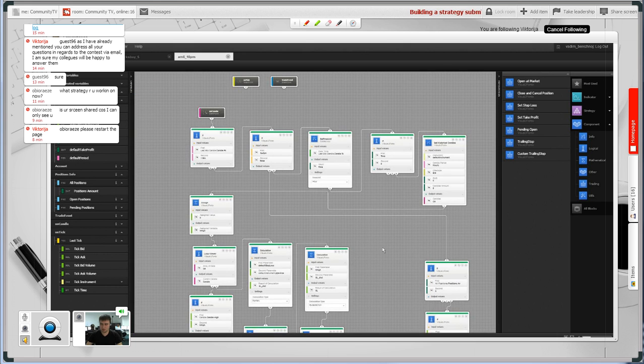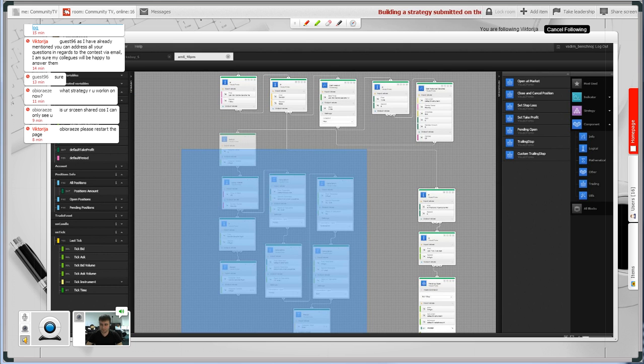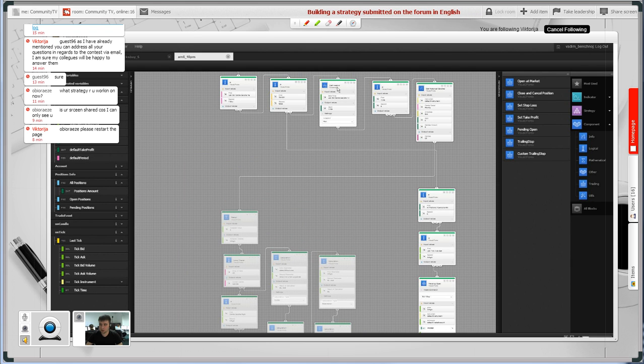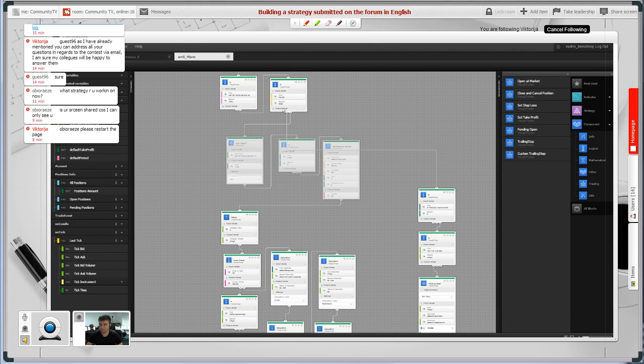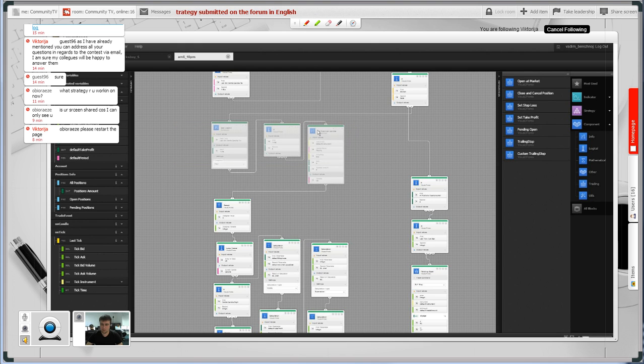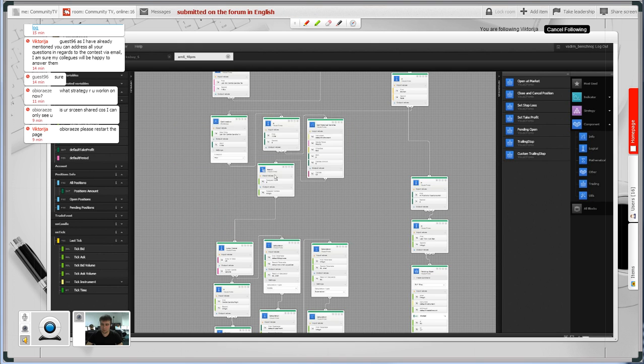Once again, it's a little mess. Let's arrange it this way. This way.